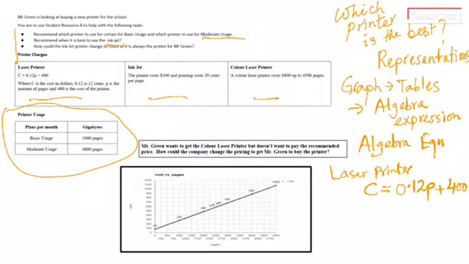I'm going to read it. The cost equals 12 cents per page. Well, 12 cents is written as 0.12 times P, where P is the amount of pages, number of pages they're talking about.